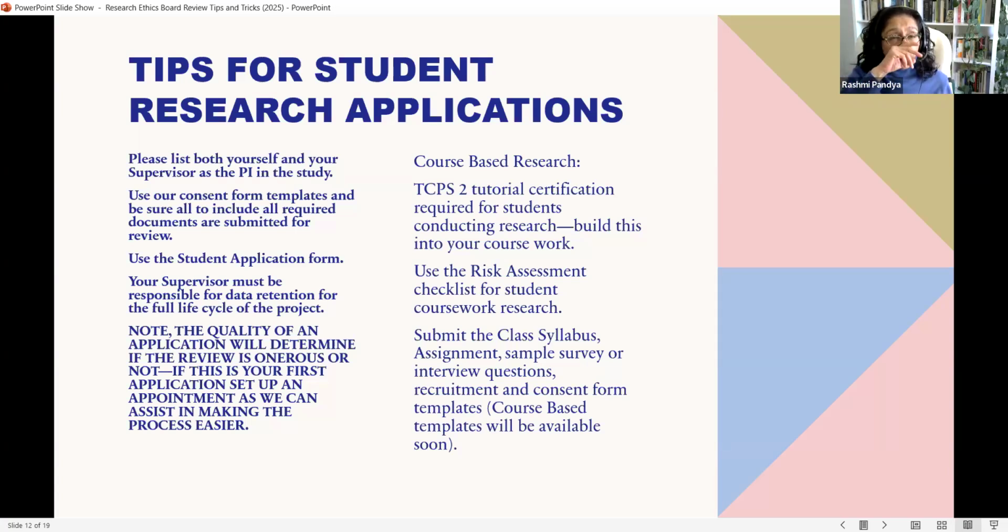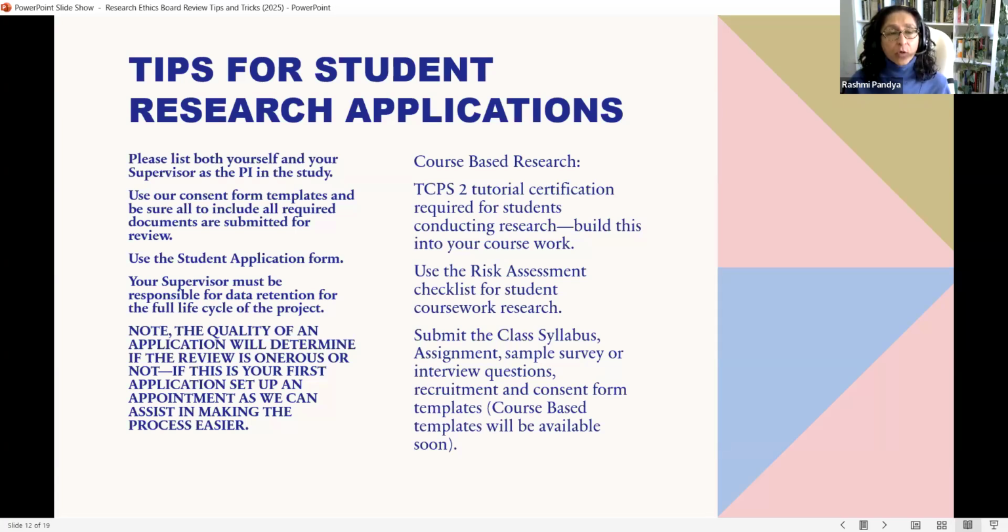Researchers and faculty have asked us this, but we have also had some pushback from other institutions that require the supervisor to be the principal investigator. So to be consistent with our sister universities with whom we have a reciprocity agreement, our sister REBs in the province, that's SHA and USask REBs.